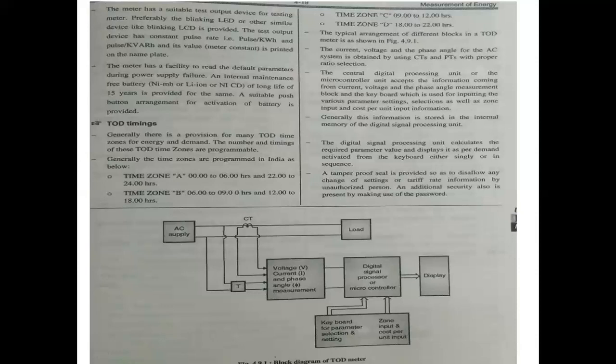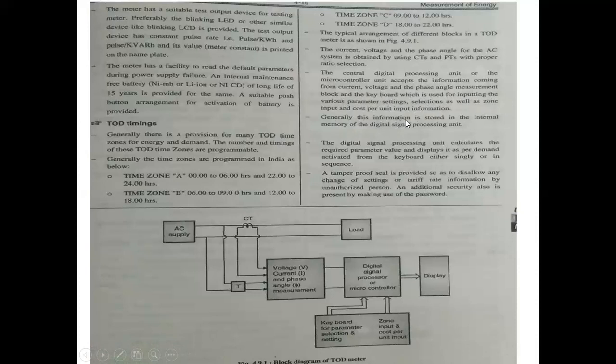The digital signal processing unit, the microcontroller unit, accepts the information coming from the current, voltage and phase angle measurement block, and the keyboard, which is used for inputting the various parameter settings, that is zone selection as well as cost per unit information.